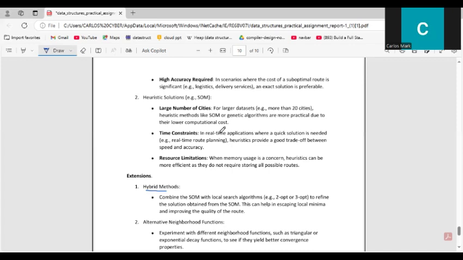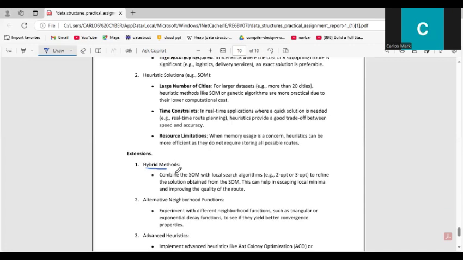When memory usage is a concern, heuristic approaches like the self-organizing map can be more efficient, as they do not require storing all the possible routes. For the nearest neighbor, you have to look at all the states near the initial state, store those states, and see which is recognized as the nearest state, then take that state. Then again, you save the next unvisited states, which are stored next.